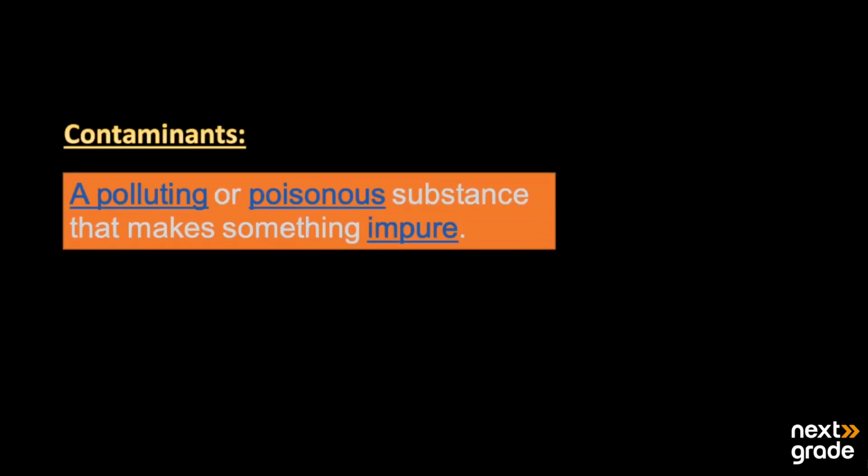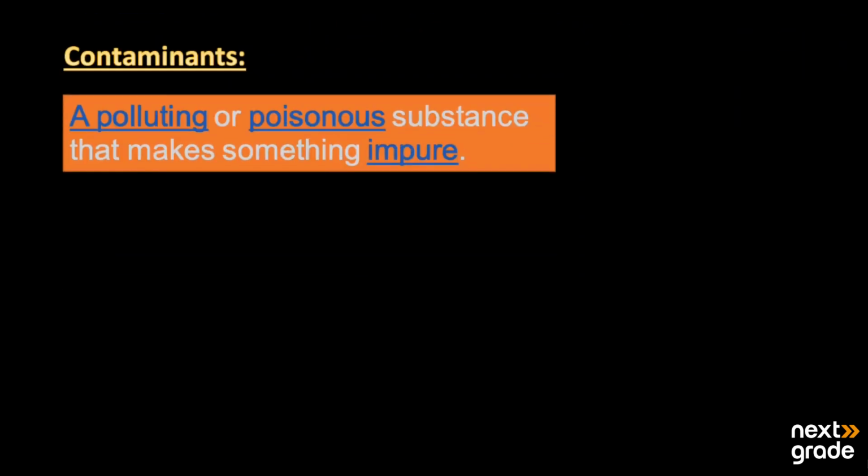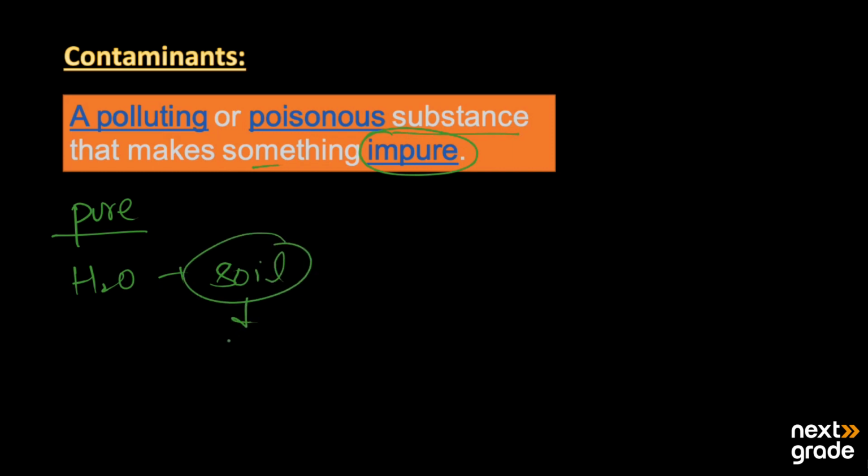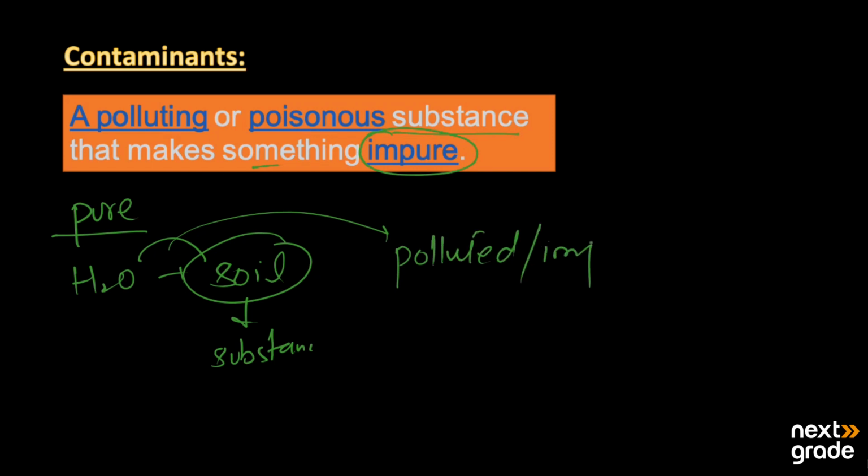Then we have the contaminants. By definition, contaminants are polluting or poisonous substances that make something impure. For example, if we have pure water, and we add some soil containing poisonous substances to it, the water becomes polluted, or we can say impure.